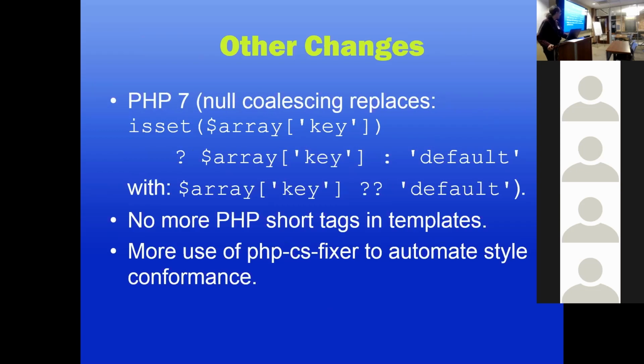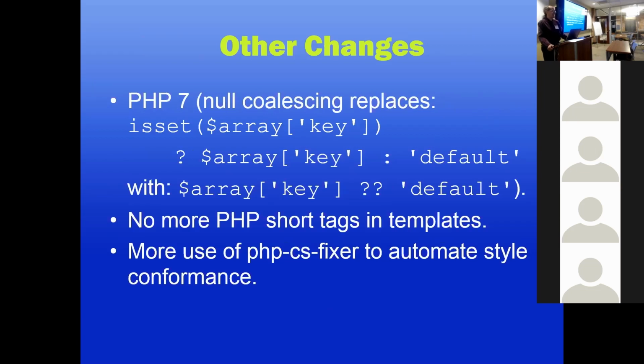Also, another development is that for a very long time, VuFind used short tags in its PHP template files. So just a less than and a question mark in order to run some inline PHP code. But that is not really best practice these days. Generally, PHP users are encouraged to use the full less than question mark PHP tag instead of the short version that omits the PHP.